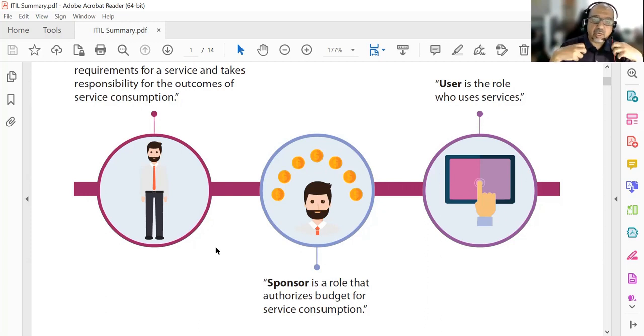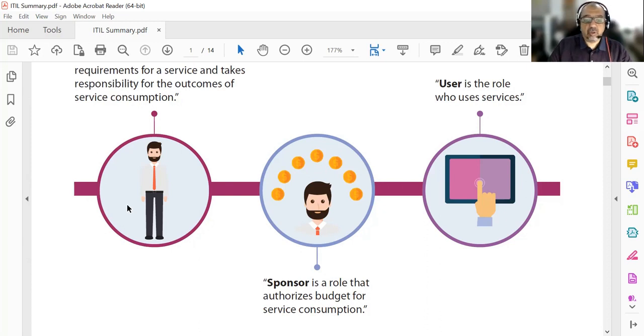We have internet in our organization. This internet speed, someone within the organization decided on the speed. Someone decided on how many connections do we need, which vendor, which internet service provider to get the service from. So someone decided on that, and this is the customer.